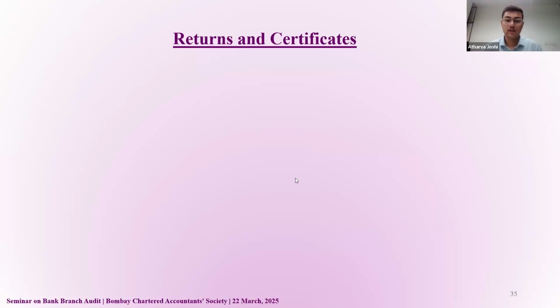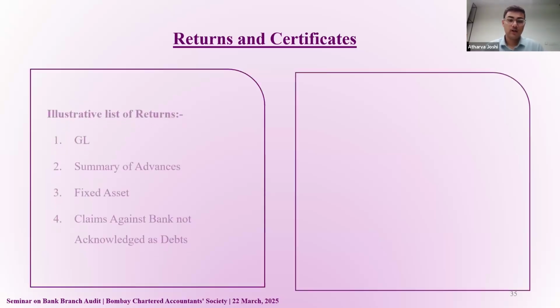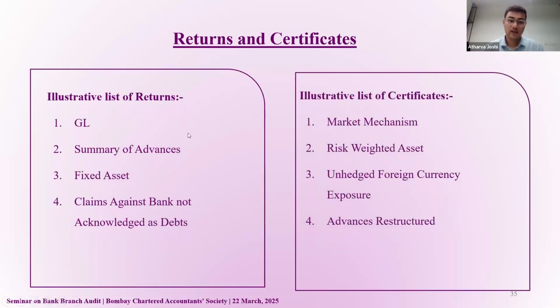As we can see on the screen, there is an illustrative list of returns and an illustrative list of certificates. In case of returns, there can be the GL, that is our balance sheet. It is signed in a particular prescribed format of the bank. Second, the summary of all advances with the bank. Fixed assets containing all additions, deletions, transfer outs of fixed assets.